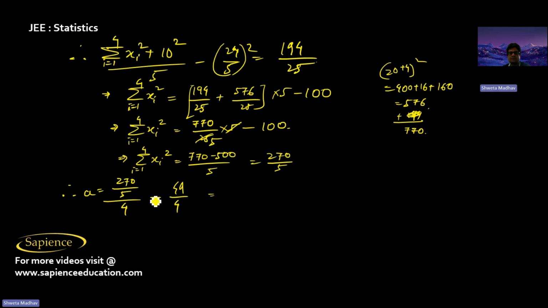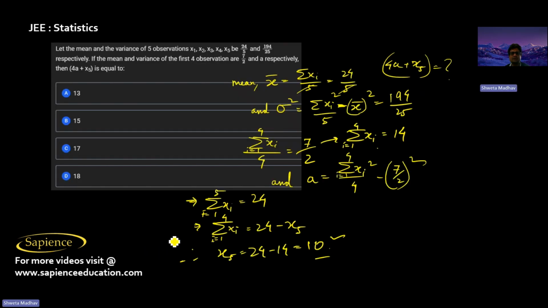So this will be equal to 5 4s are 20, so 270 by 20 minus 49 by 4. Now LCM is 4, so 2 into 27 is 54 minus 49. This will be 5 by 4. So A is equal to 5 by 4.